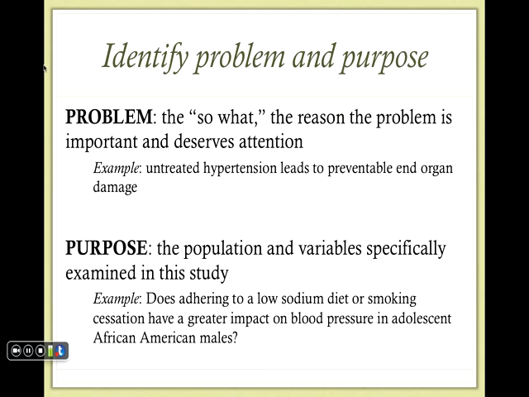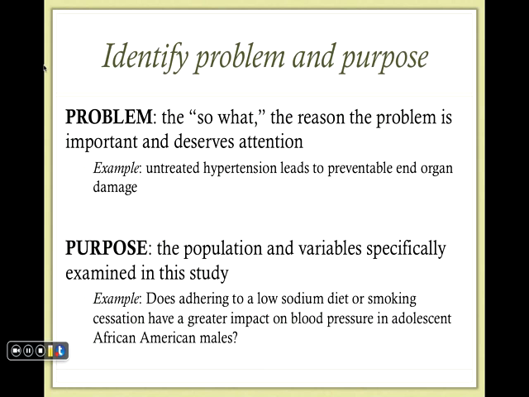In identifying the problem and the purpose, the problem is the so what question, the reason the problem is important and deserves attention, such as untreated hypertension leads to preventable end-stage organ damage. So again, we're going to look at the so what question in this Meaning of Breast Cancer Risk for African American Women article.